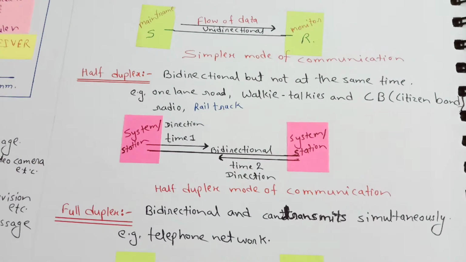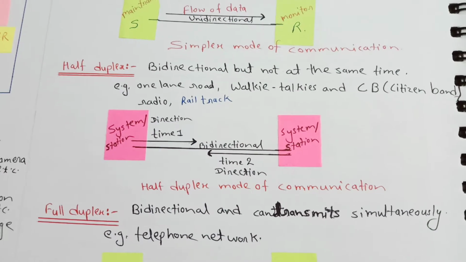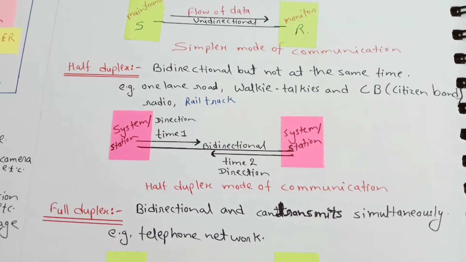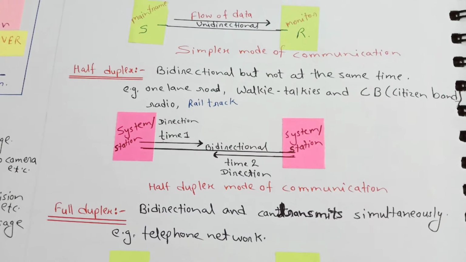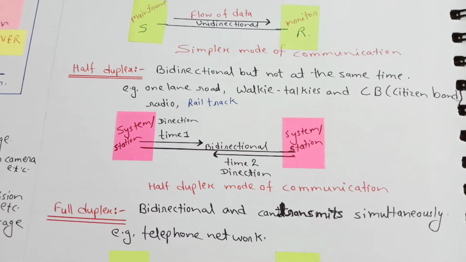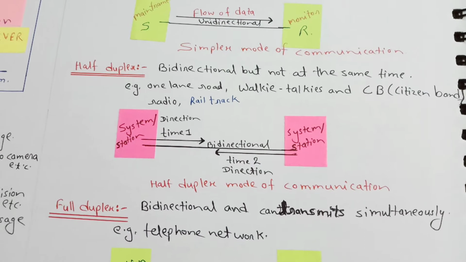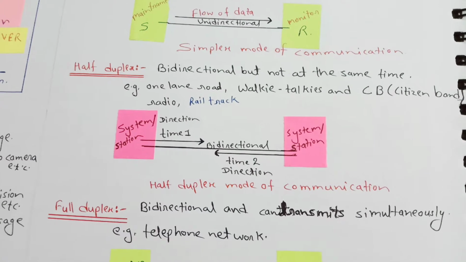When any construction is going on and one lane is blocked, then by one lane road we are using the total system, how to travel from one direction to the other direction.